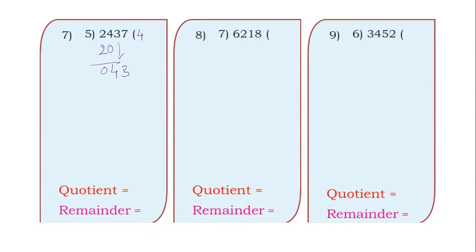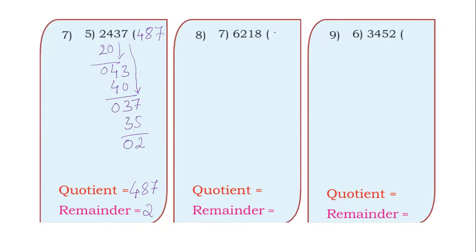It becomes 43. 5 eights are 40. 4 minus 4 is 0. Next, take this 3, this 7. 5 sevens are 35. 7 minus 5 is 2. 3 minus 3 is 0. 487 is the quotient. Remainder is 2.